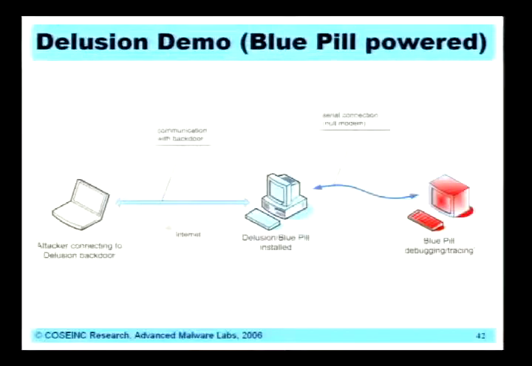And now this is how the demo looks. This is the scenario, right? So we have a computer which will be BluePilled, and we have an attacker computer which will connect to this delusion backdoor.